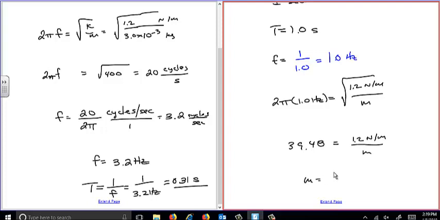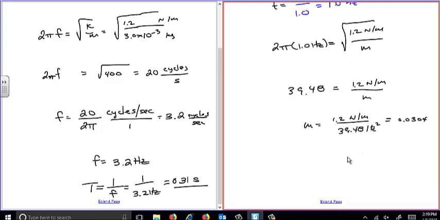So m is 1.2 newtons per meter divided by 39.48 hertz squared, inverse seconds squared. So you get 1.2 divided by 39.48, and I get 0.0304, which is 30 grams. How does that compare with my initial mass here? 3 grams, 30 grams.